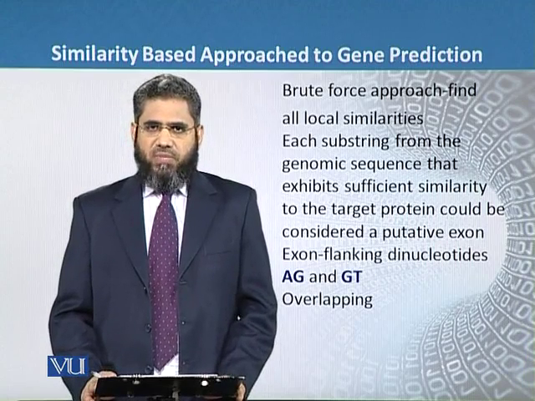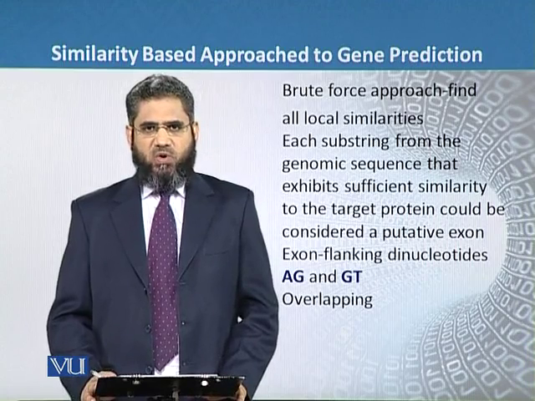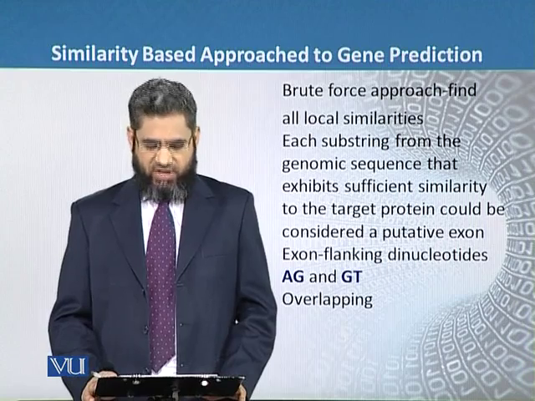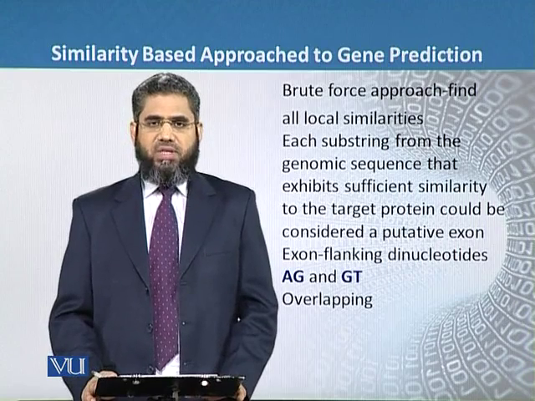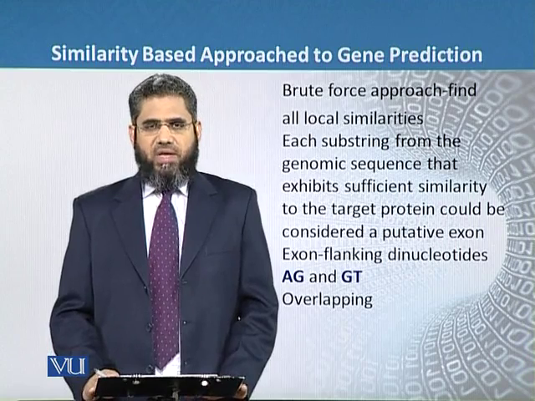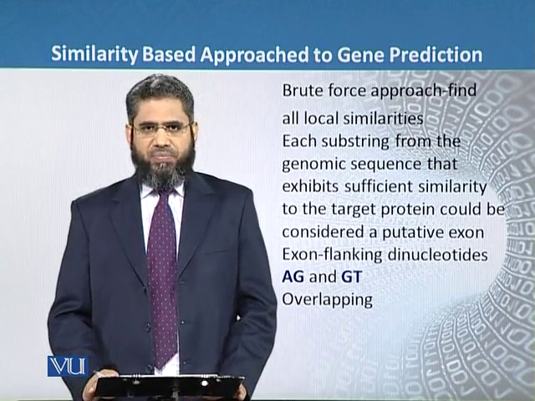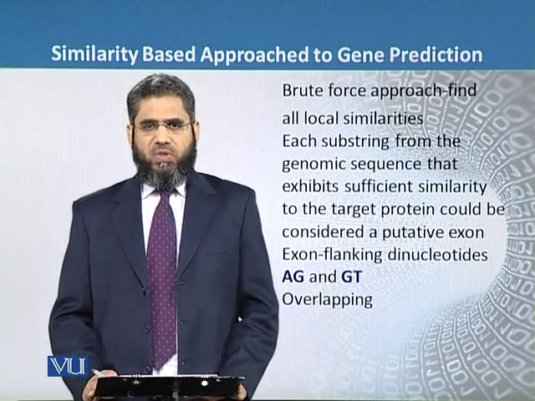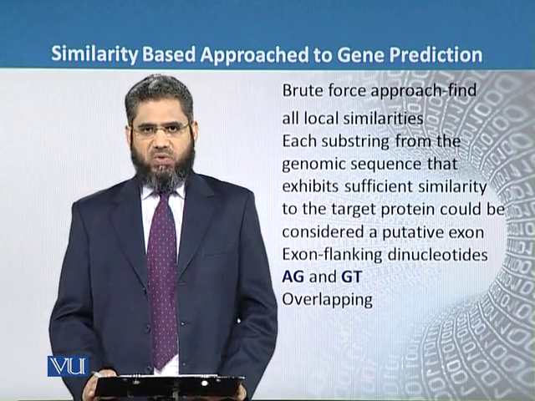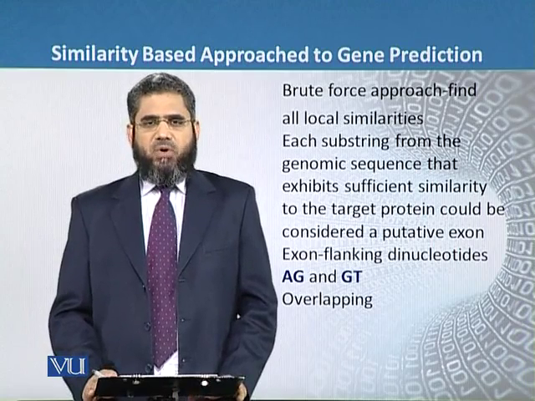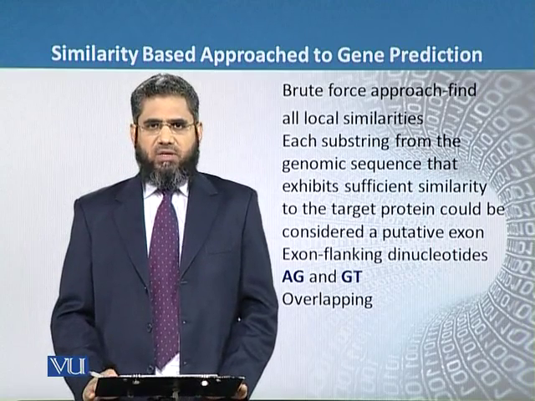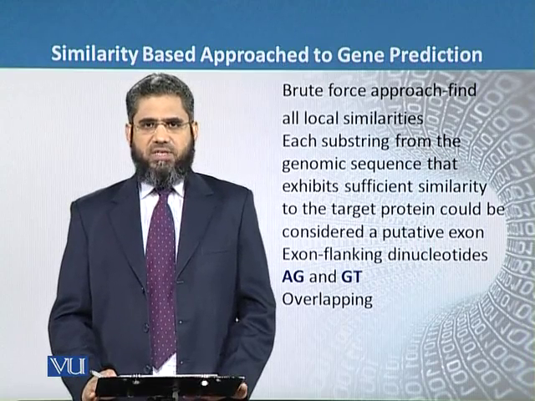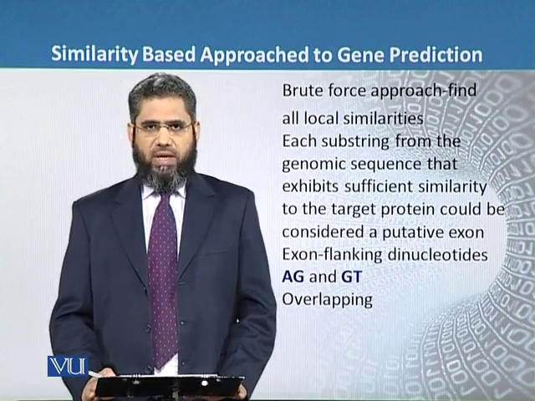We can extend or reduce the sequence of the putative exon until we end up with the flanking regions of AG and GT. We may get overlapping sequences of the putative exon, but our target is to find the non-overlapping regions of the exons. We consider only the non-overlapping regions because we know that the exons are present independently and do not overlap with each other.